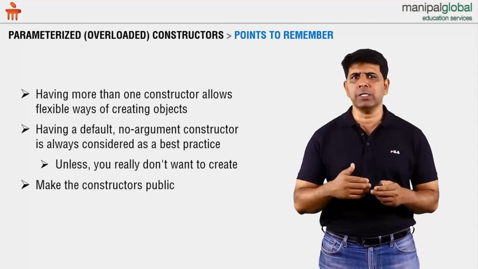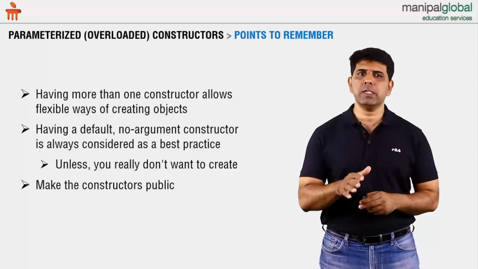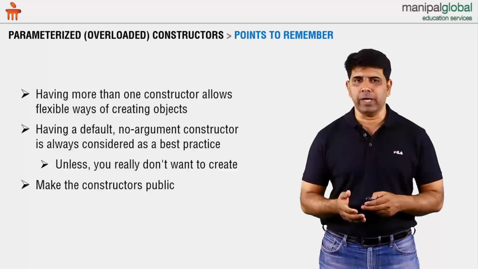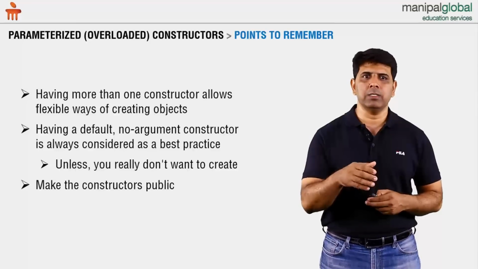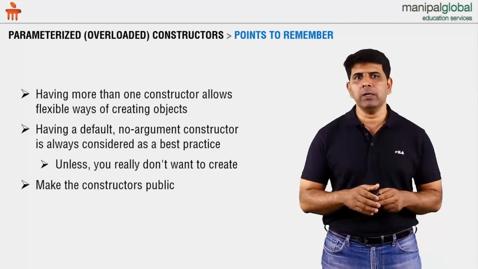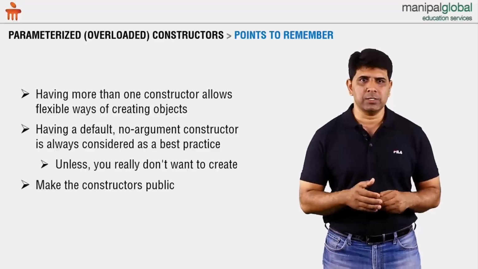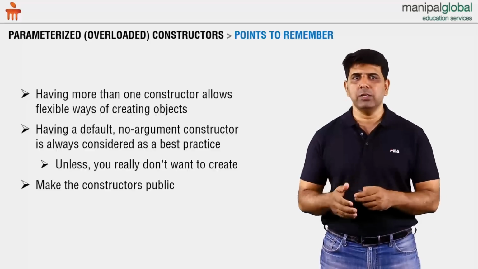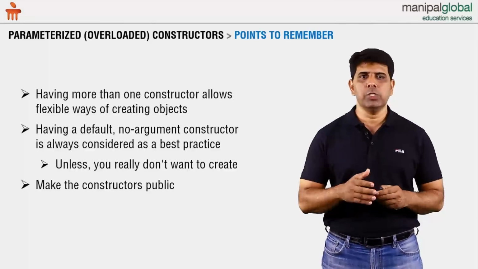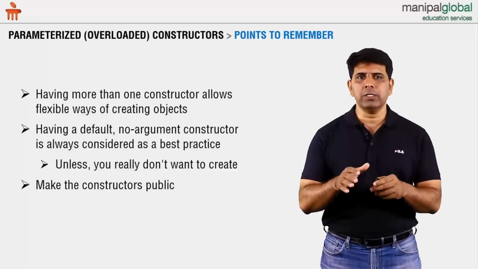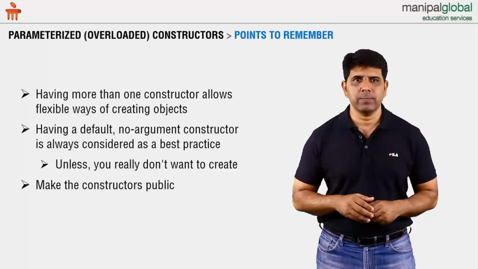Make the constructors public. This is not mandatory. There are some concepts you will come across over a period of time, such as singleton, that require a constructor to be private. There are also built-in classes such as java.lang.Math, java.lang.System, and java.lang.Class, some of which have private constructors.